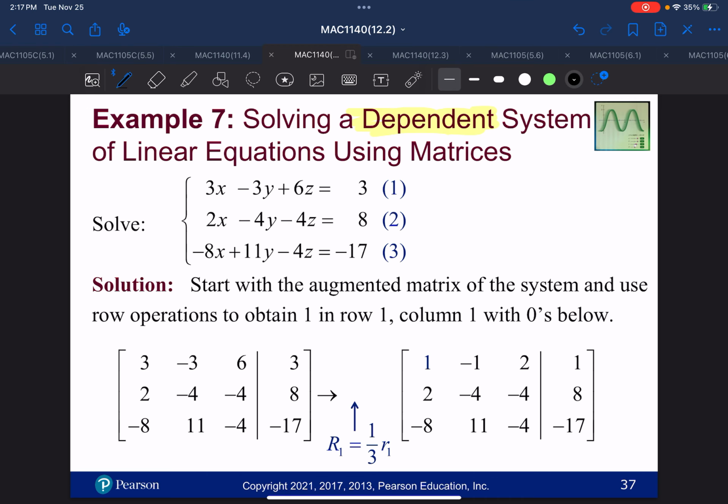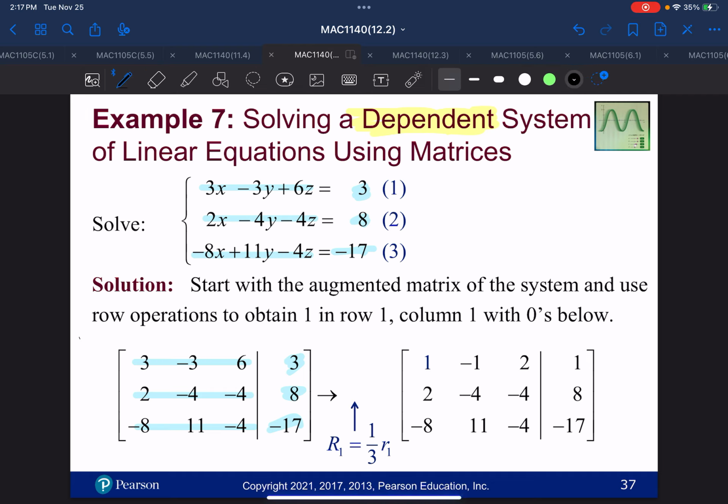The augmented matrix is given by this matrix here. On the top, I have 3x minus 3y plus 6z, so those are my coefficients, and then it's equal to the constant 3. The next rows are 2, -4, and so on, then 8, -8, 11, -4, and then -17. So that's the augmented matrix.